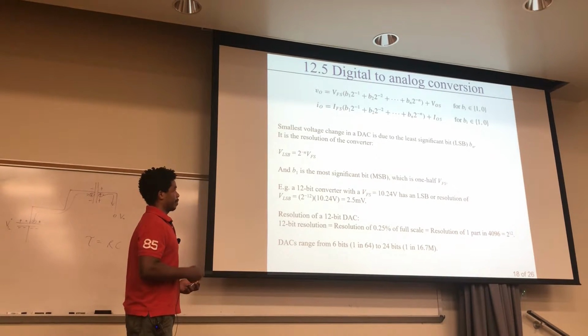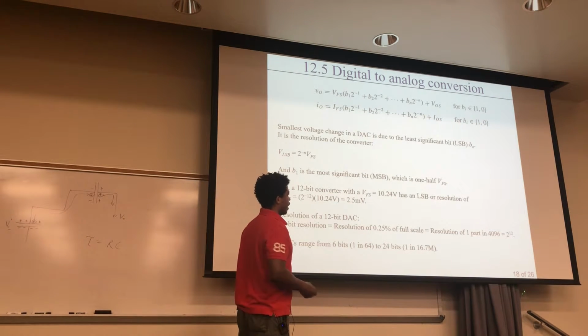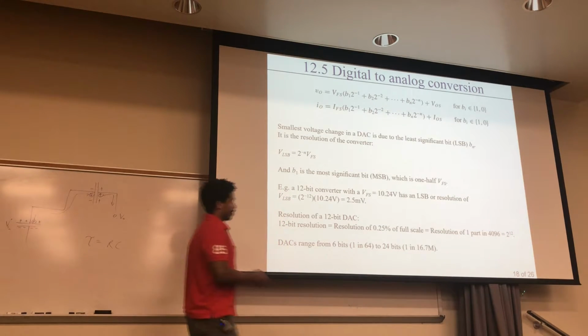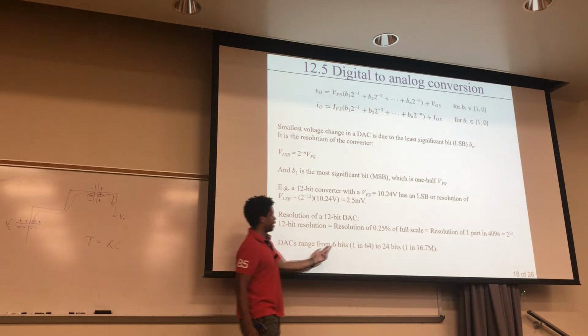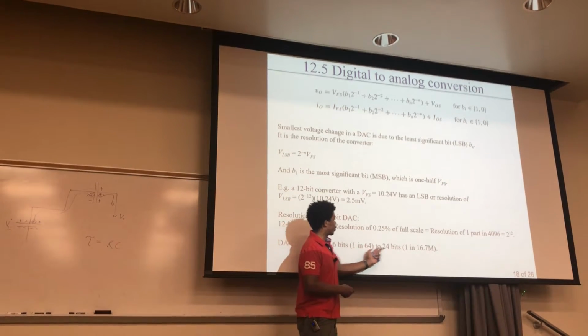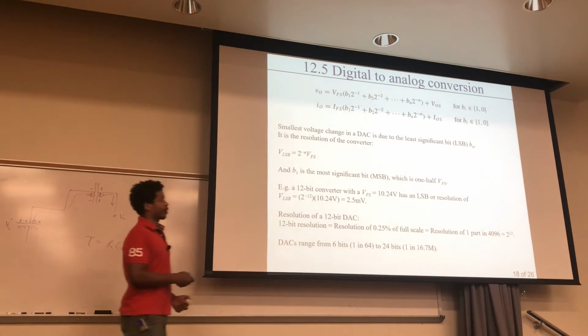They all mean the same thing, but that's what you may hear people talk about. And that value for 4096 comes from 2 to the 12th power, 12 bits. And these DACs typically range from 6 bits, which is 1 in 64, to 24 bits, which is 1 in 16.7 million, which is really fine resolution.